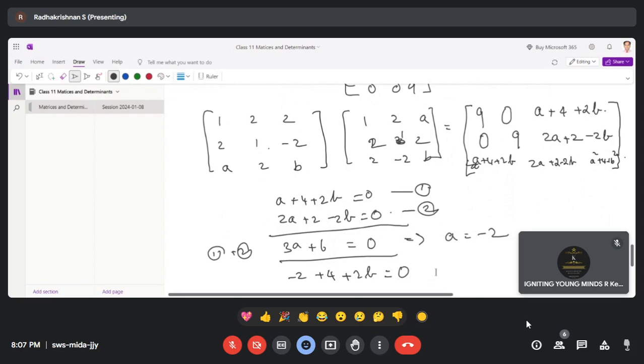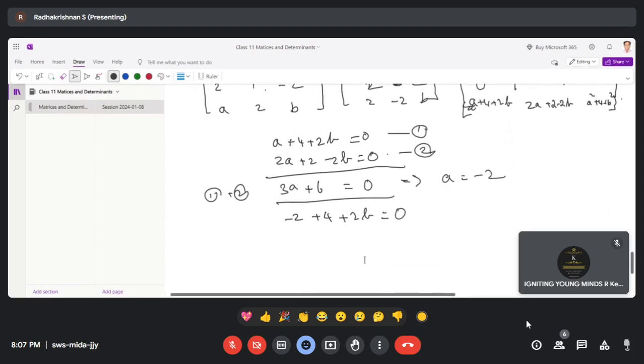That means 2b plus 2 equal to 0, so b equal to minus 1. So the required ordered pair is minus 2 comma minus 1. So option number 4, minus 2, minus 1.